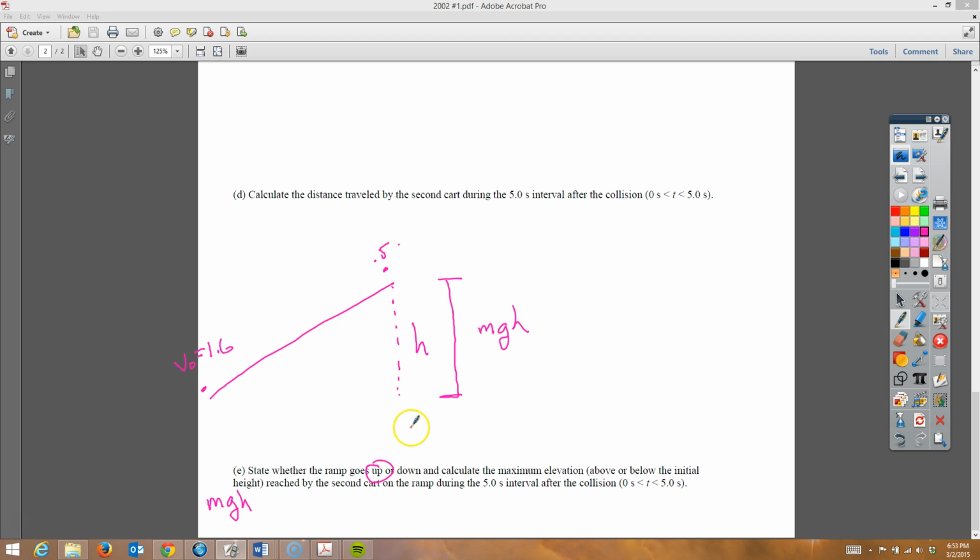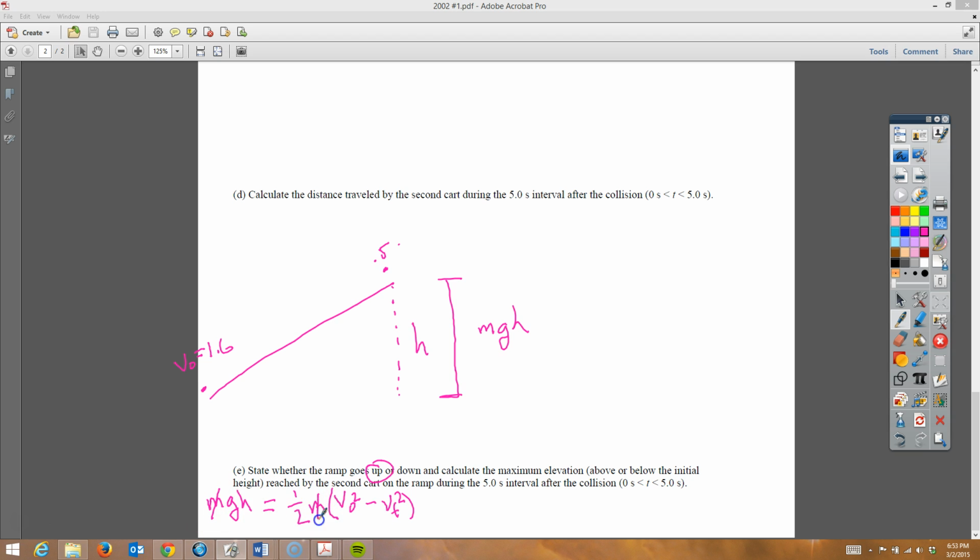And so what I'm going to do is I'm going to say this is equal to 1/2 of the mass times the original speed squared minus the final speed squared. And that will be our 1/2 mv squared. So let's go ahead and solve for the height.